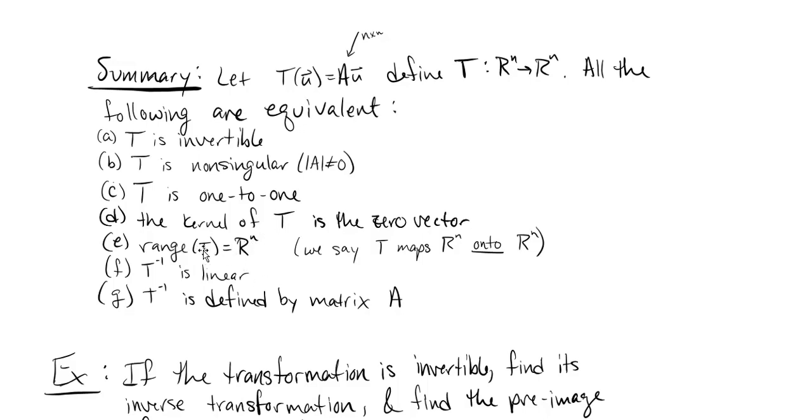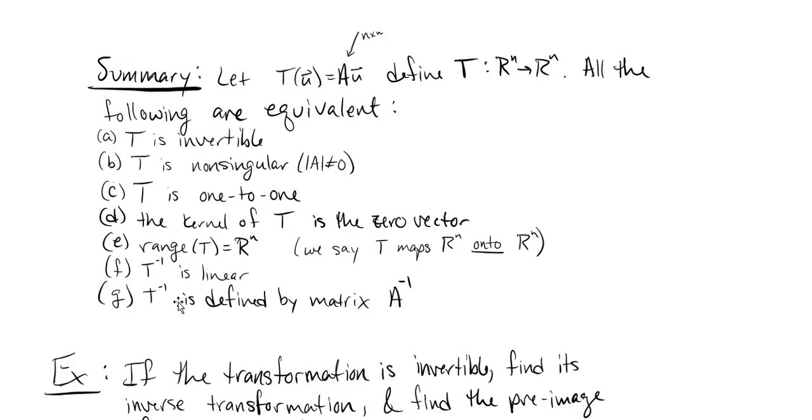The range spanned by those columns is the range of T, so that's Rn. In this case, when this happens, we say T maps Rn onto Rn. A very specific word implying this kind of one-to-one nature. If T is invertible, that's equivalent to saying the inverse is also linear, and the inverse is defined by, oops, not matrix A, but matrix A inverse that we wrote earlier.